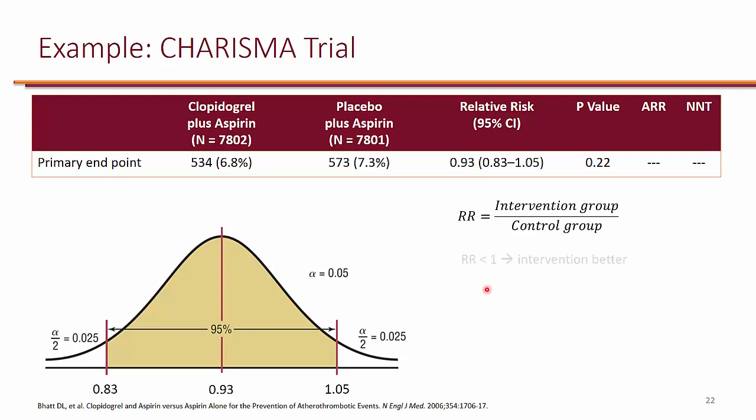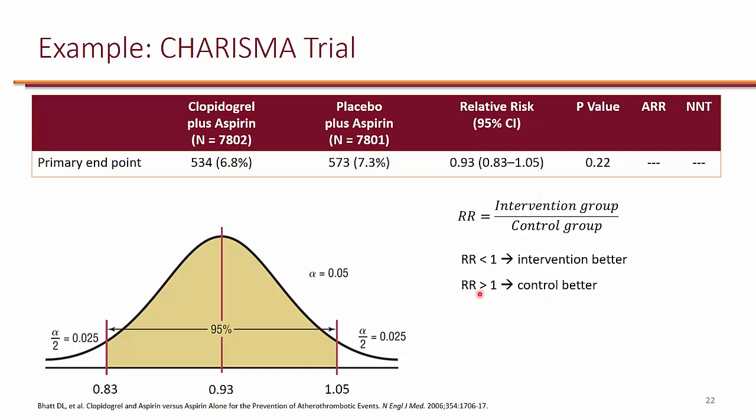So obviously this will give you a number that's less than 1. So if your number is less than 1, like 0.93, that means it's in favor of your intervention group. So your intervention is doing better.